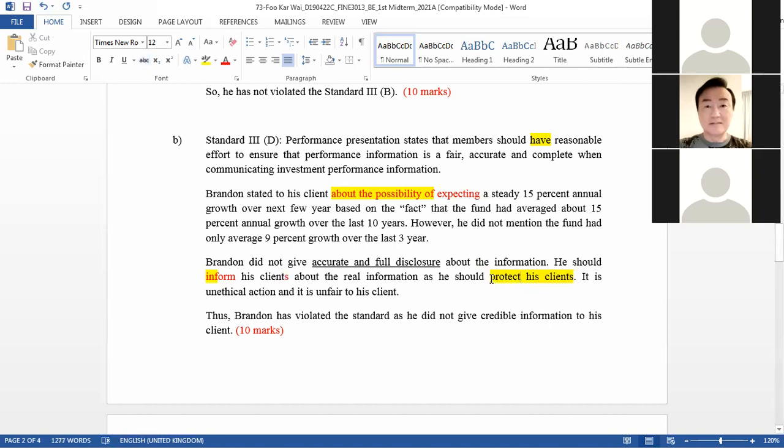See how simple it is? It is unethical action and it is unfair to his client. Good, but you got all the points here, so in its totality, you still got 10 marks.